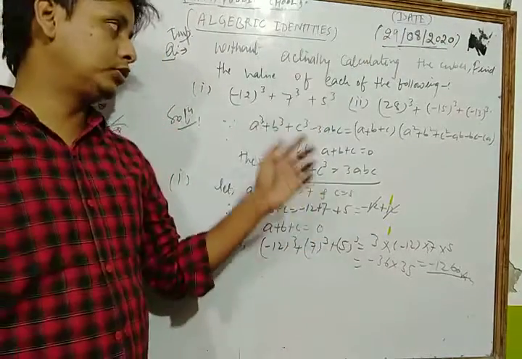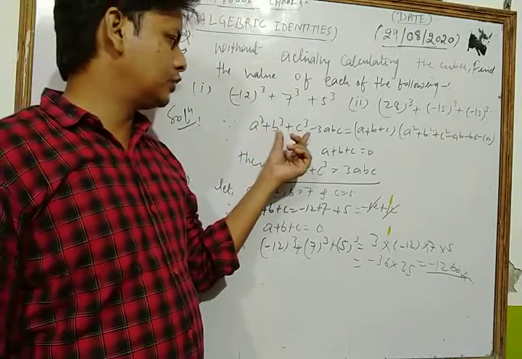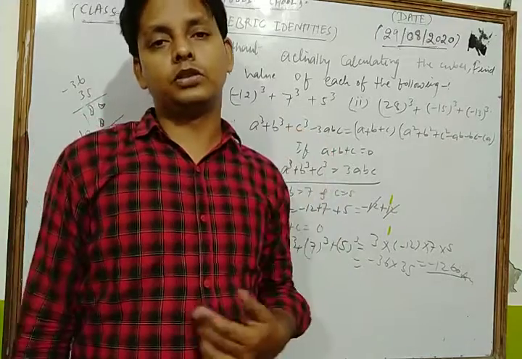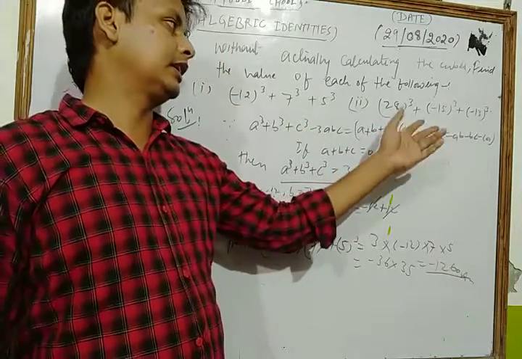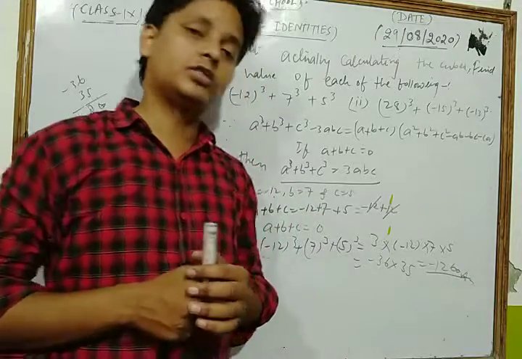First you write your identities, which is very important for you. a cube plus b cube plus c cube minus 3abc is equal to a plus b plus c in one bracket, and in another bracket a square plus b square plus c square minus ab minus bc minus ca.